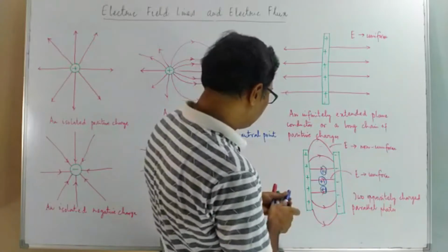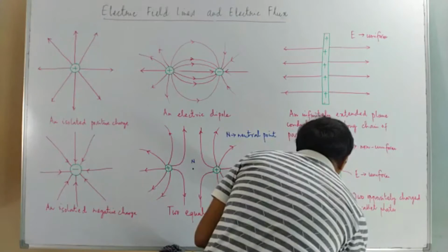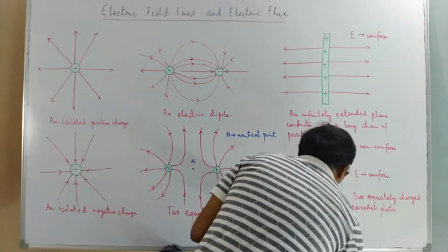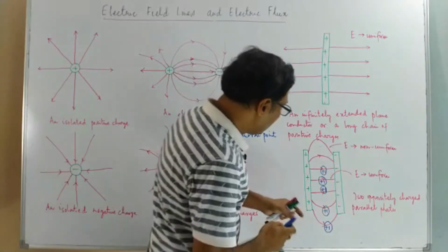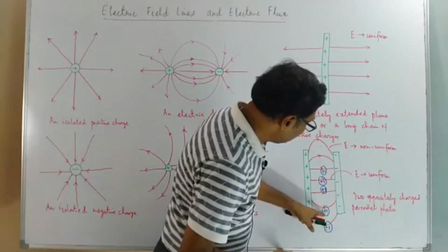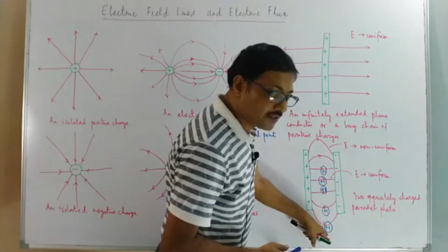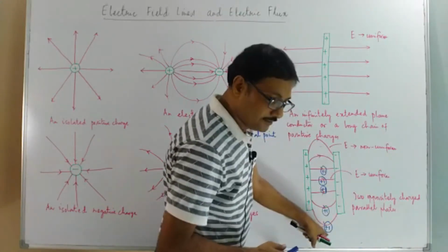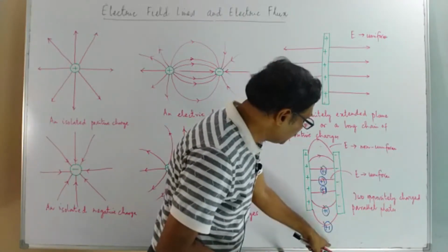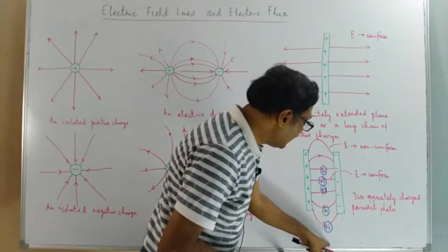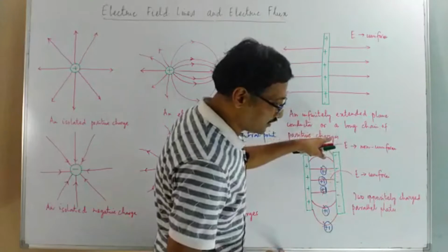But if we consider a unit positive charge over here, another unit positive charge over here, you can now see that this unit positive charge exerts a force of repulsion onto this charge, but there is no other unit charge below this which will apply a force of repulsion in the upward direction.